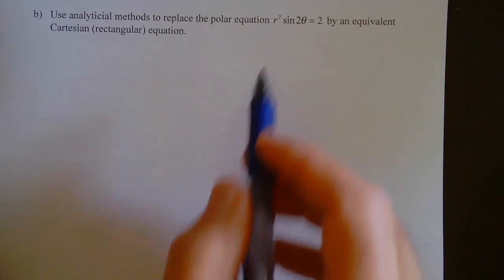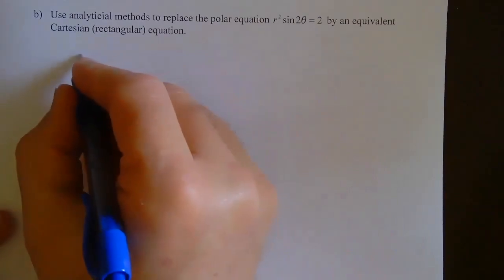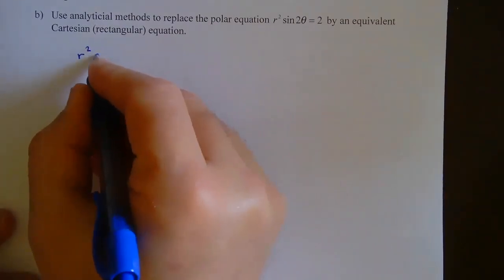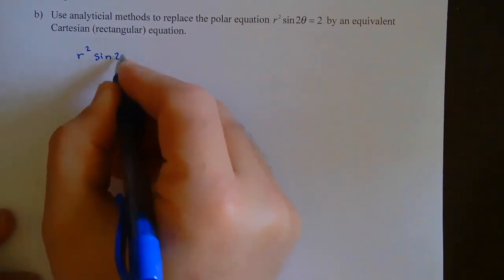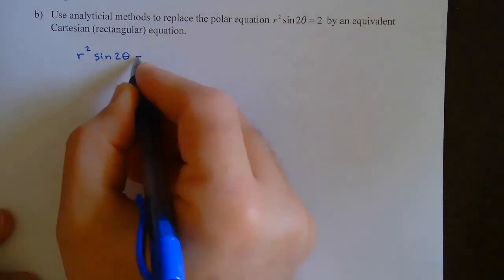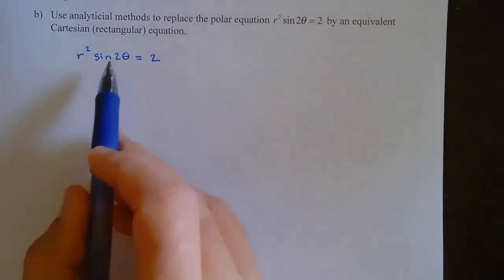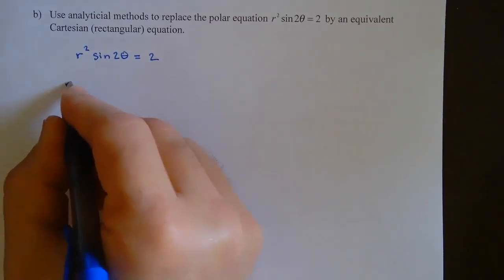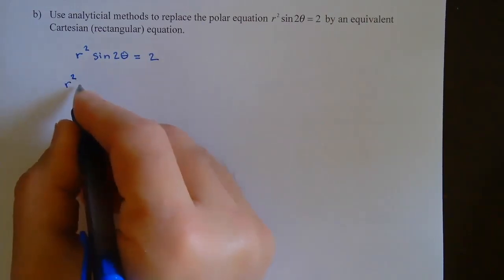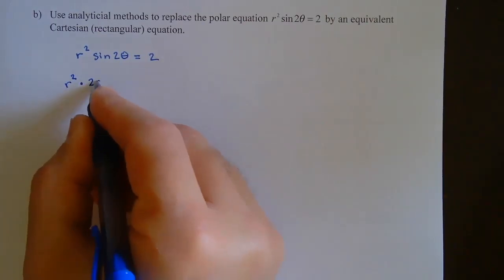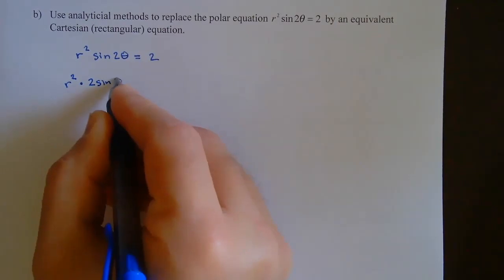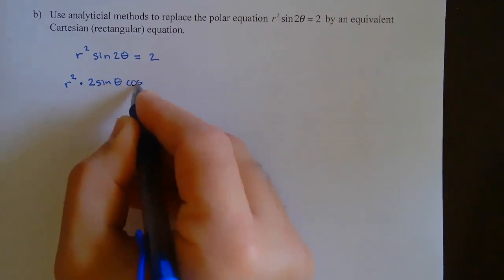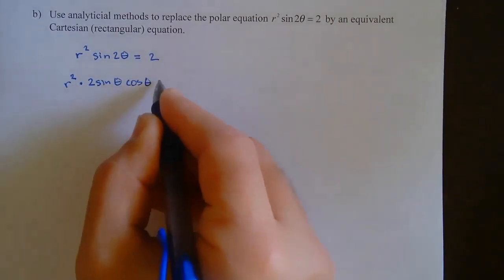We're going to start off with r squared sine of 2 theta equals 2. Sine 2 theta, that's a double angle identity in trig, right? So we could rewrite this as r squared times 2 sine theta cosine theta equals 2.